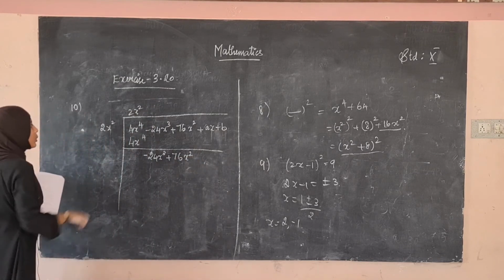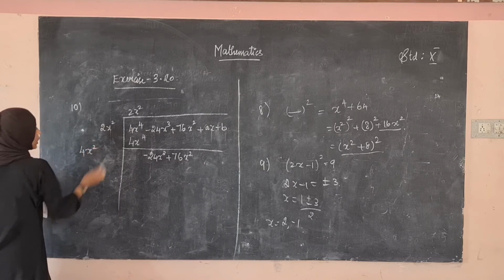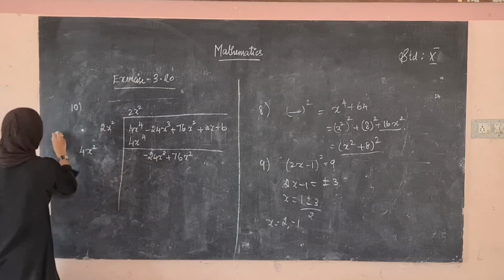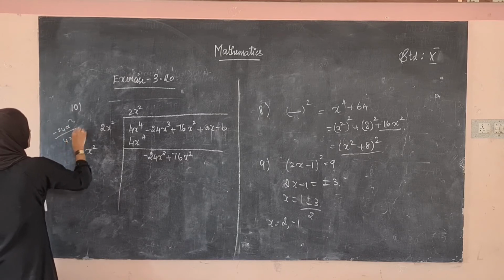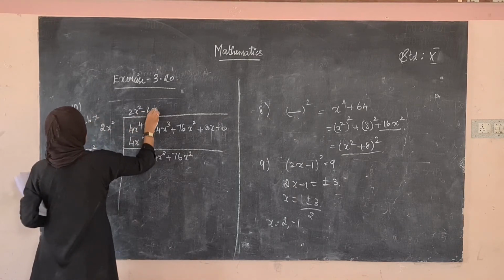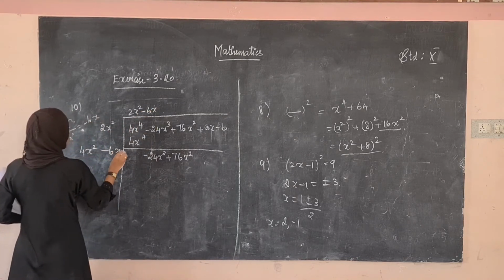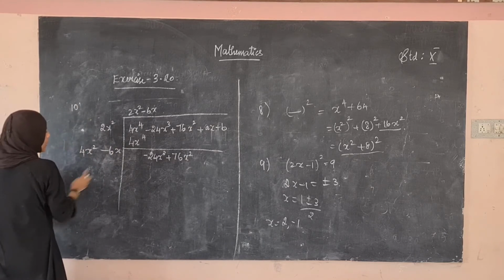Okay, what we have to do? We have to multiply this by 2, that is 4 into x square. Now this minus 24 into x cube divided by 4 into x square, what's the value? Minus 6x. So minus 6 into x. Now multiply this.